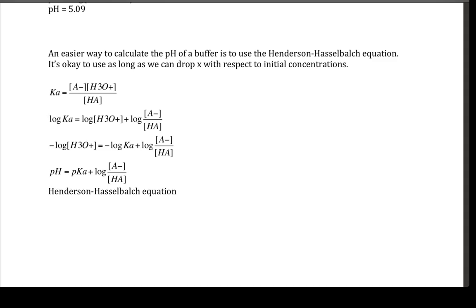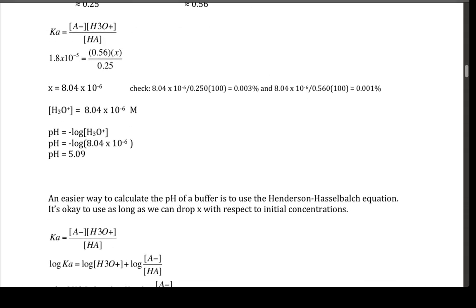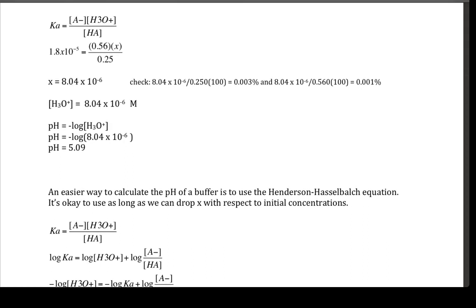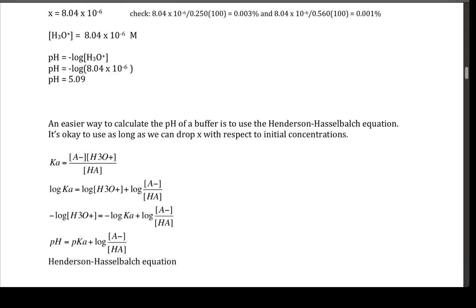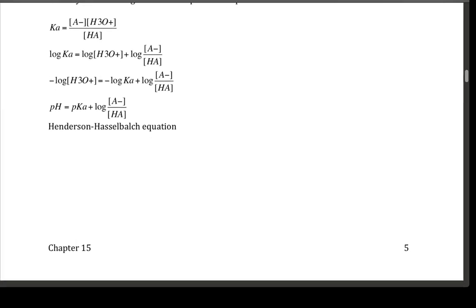Going back to our usual equilibrium expression, which I'm showing at the top of the screen, Ka equals A minus times H3O+ over HA. That's where we start in deriving this Henderson-Hasselbalch equation.